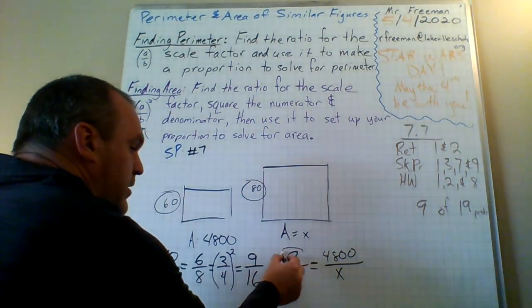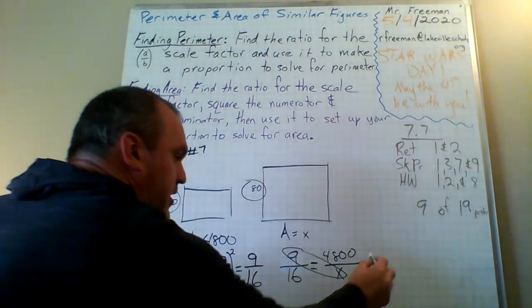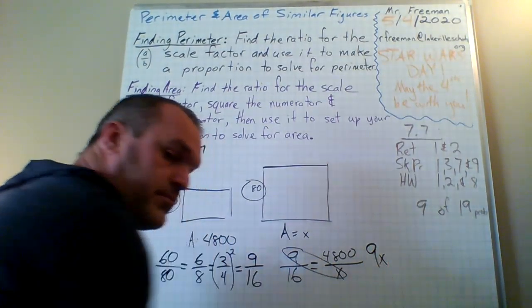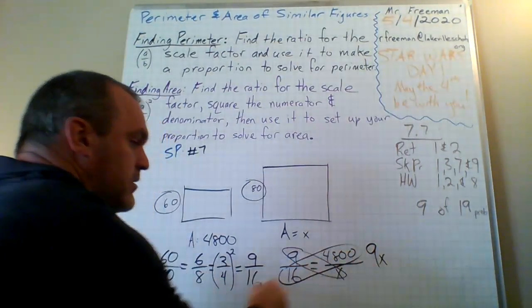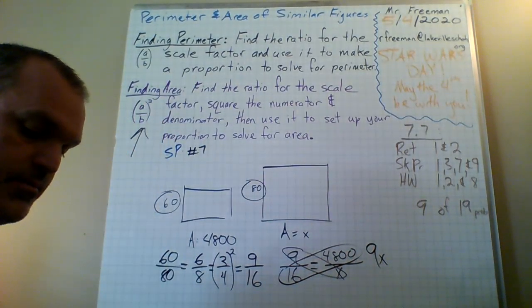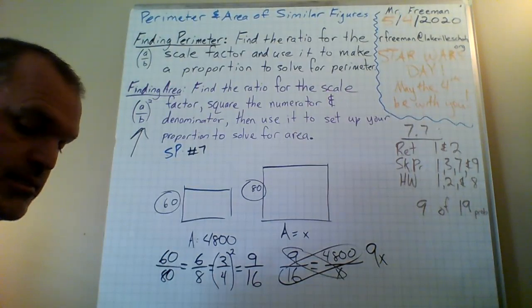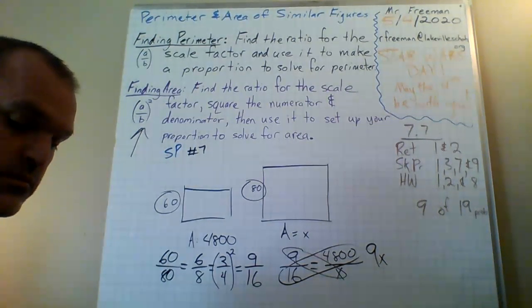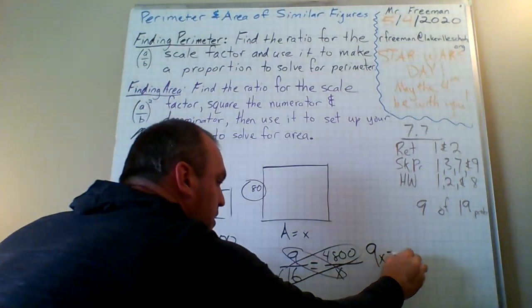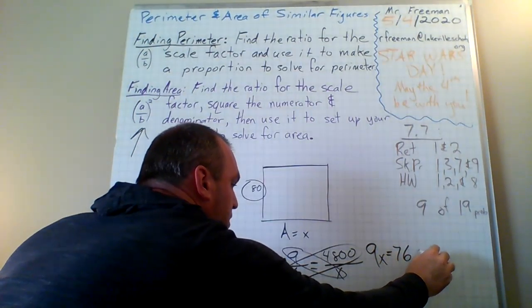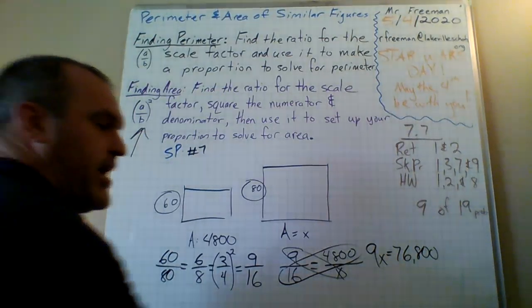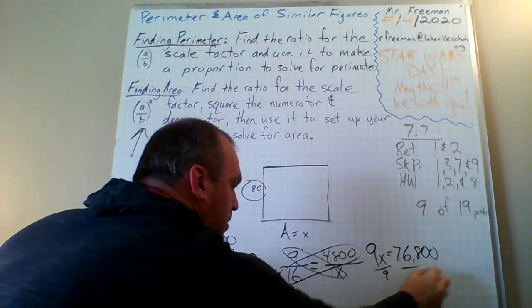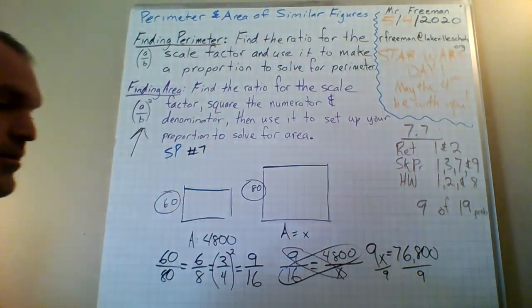Because we have to do cross multiplying, which is 9x. And cross multiplying here, okay, well, 4,800 times 16 is 76,800. Okay, to solve that guy, we would have to divide by 9 on both sides. Right?